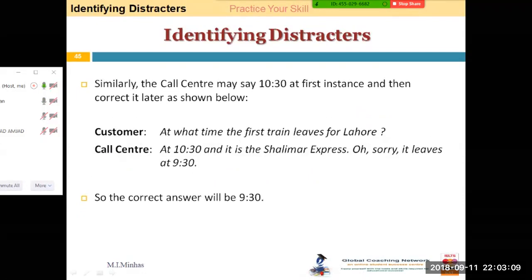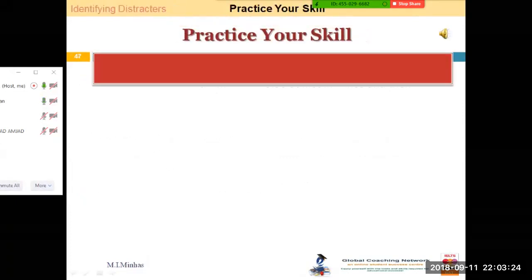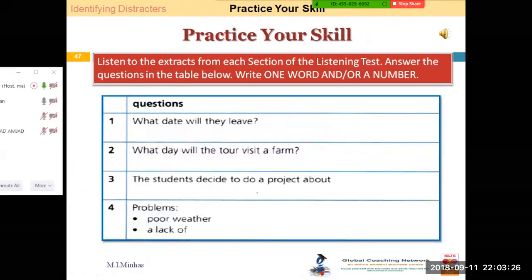Oh, sorry, it leaves at 9:30. So the correct answer here is 9:30, because the call center has corrected himself or herself afterwards. So all these things are distractors which distract you from the exact correct answer, right?